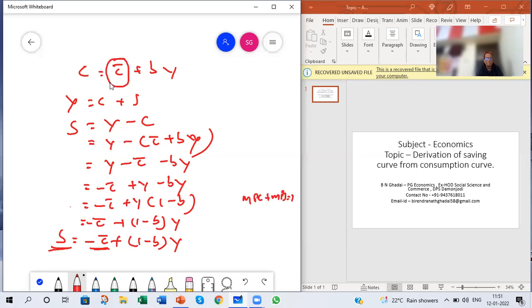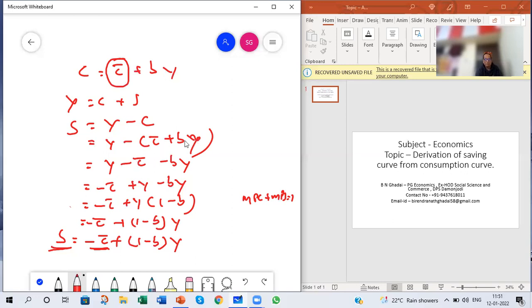Once again, I am telling you, C is equal to C bar plus bY, and you also know Y is C plus S. So since Y is C plus S, S is equal to Y minus C. Now substituting the value, we write Y minus, in place of C, C bar plus bY.